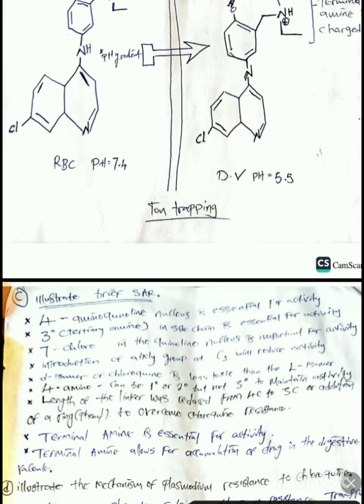Length of the linker was reduced from 4 carbon to 3 carbon, or addition of a ring or a phenyl to overcome chloroquine resistance. So as we see in amodiaquine, we have added a linker which is a phenyl group.